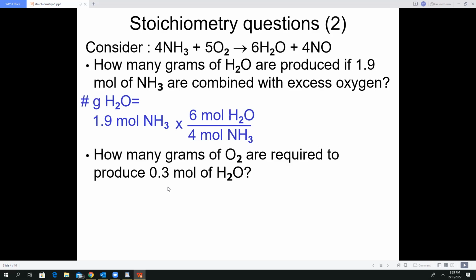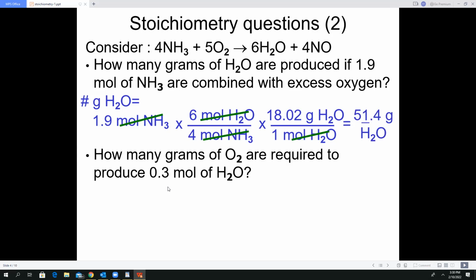So you don't have to change the moles of ammonia, you just have to change it to moles of water and then change it to grams of water, right? By doing this ratio first. And then you've got your molar mass of water and you can determine the actual number right here, which is 51 because we only had 2 sig figs.